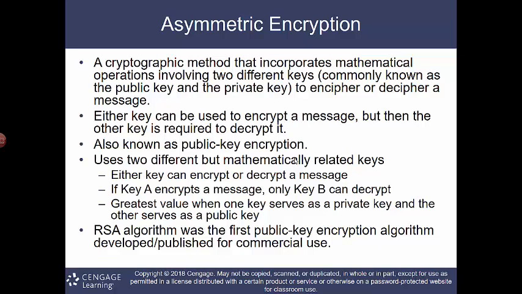You keep it only on your computer, and it's used to decrypt the message. So the only way to decrypt the message that was encrypted with the public key is to use a private key to decrypt it. So it's a much more secure method in that regard, because you're going to have the only copy of the key that can be used to decrypt the message.